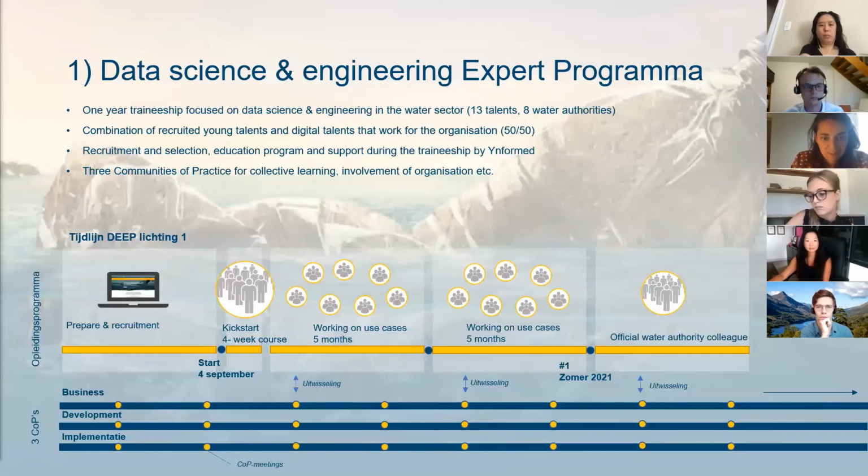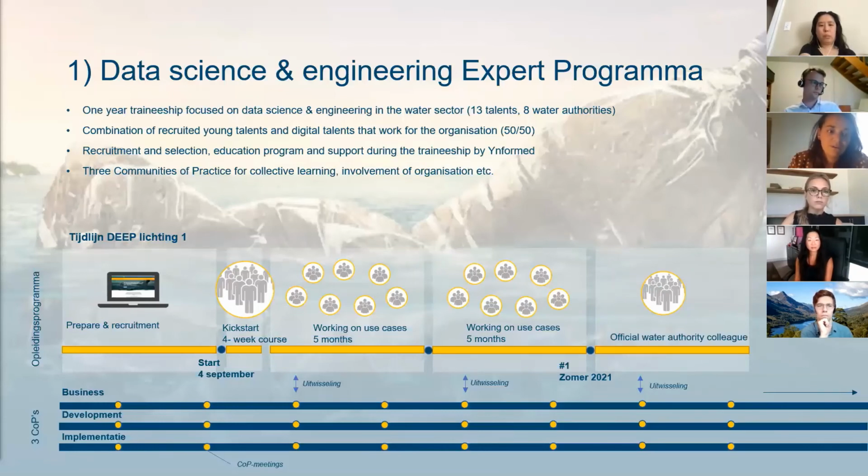And besides the education of the 13 talents, we also facilitate a network around, because if we just educate 13 talents and place them in an organization, they might not be successful, because they also need people around them that support them by, for example, implementing the applications that they develop, but also people that want to be the product owner, and what does it mean to be the product owner.